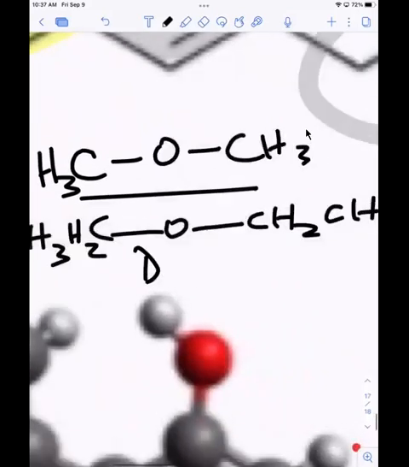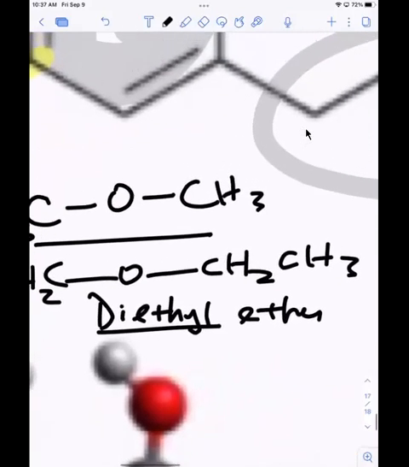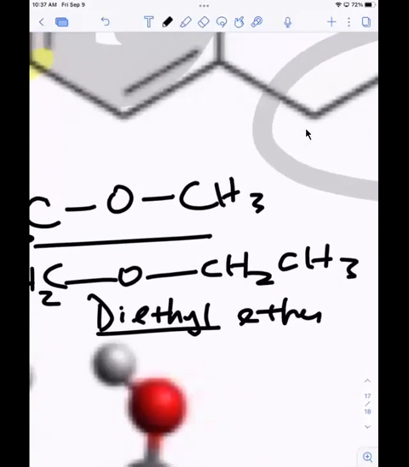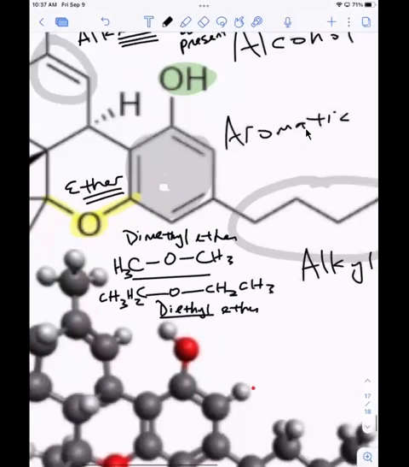So this is diethyl ether, which is the most common ether in organic chemistry. You can use it a lot for solvents and things like that. Or again, you can put it on a handkerchief, but you didn't hear that from me. And then this is dimethyl ether, right?